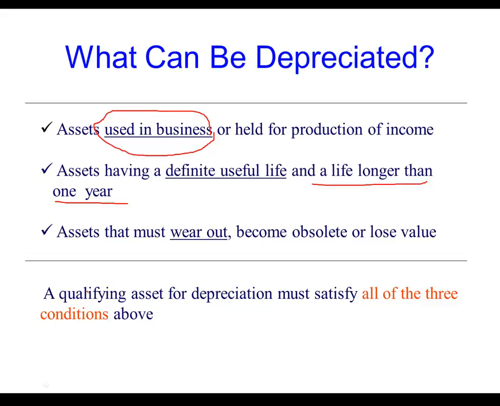Actually, a qualifying asset for depreciation must satisfy all 3 conditions above. So it's not one of them. All 3 conditions have to be satisfied.